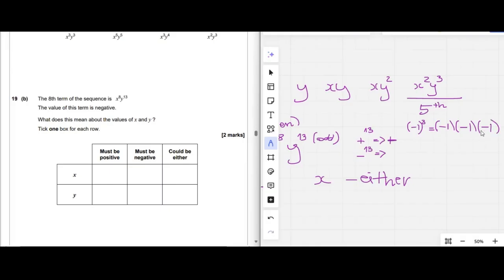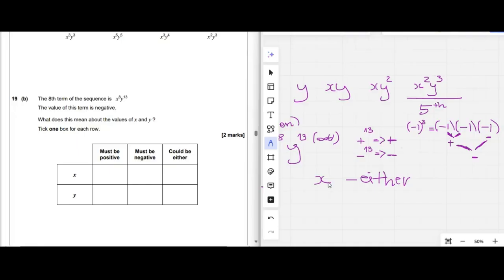So we have 3 times the same. From the first two, we are looking for pairs, 2 negatives creating a positive number. And that positive number with that negative at the end will be, again, negative. Negative 1, yes. So a negative number to the odd power will create a negative number.